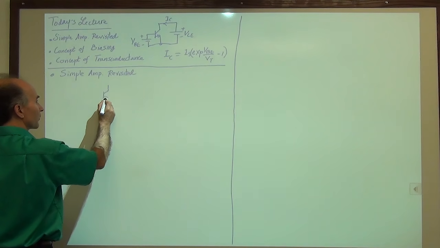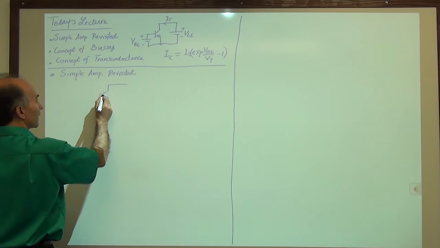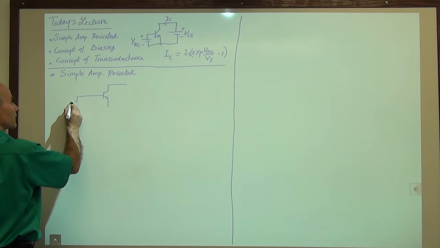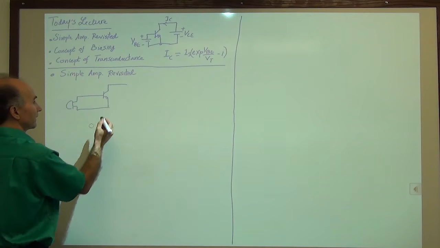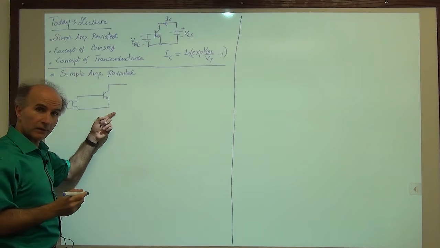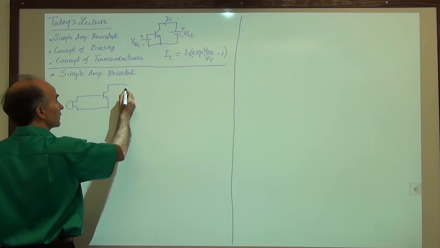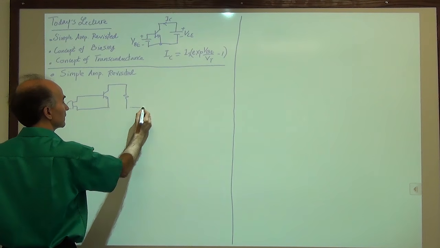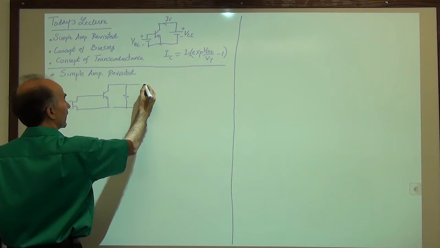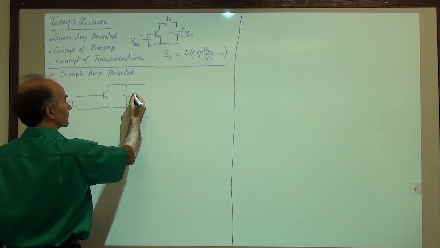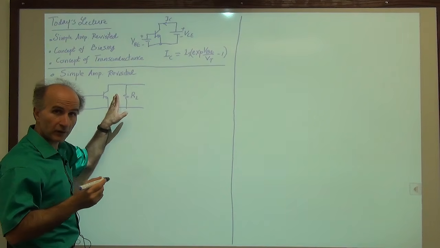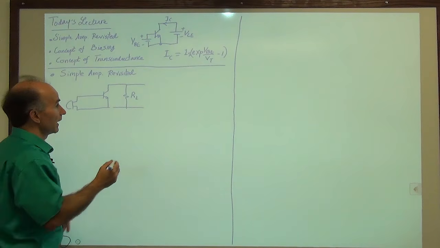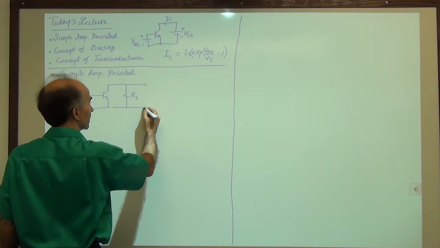I have a bipolar transistor that receives the microphone signal at its base emitter junction, and then goes to a resistor and delivers a current to the resistor. This is a voltage-dependent current source, so its current flows through this resistor and generates a voltage.